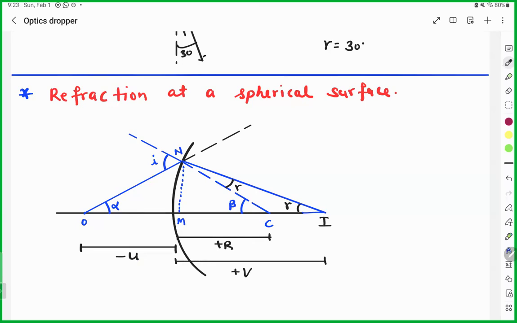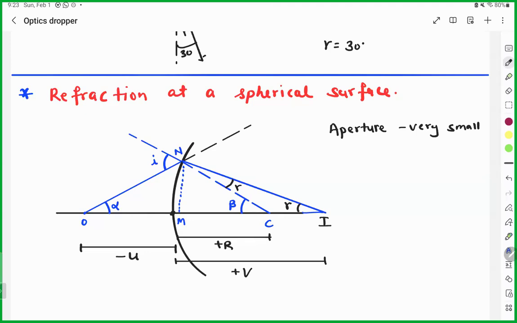In this case, you will see that the aperture is very small, very, very small. That's why later on you will assume this is close to the main pole point, the center of the aperture.